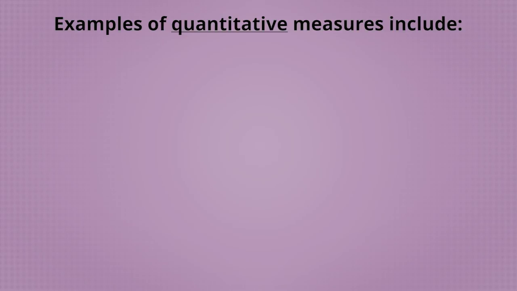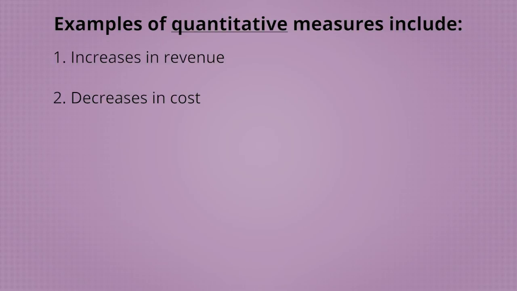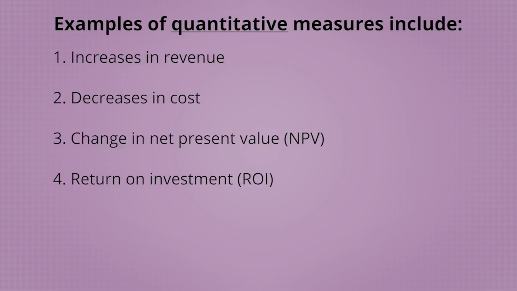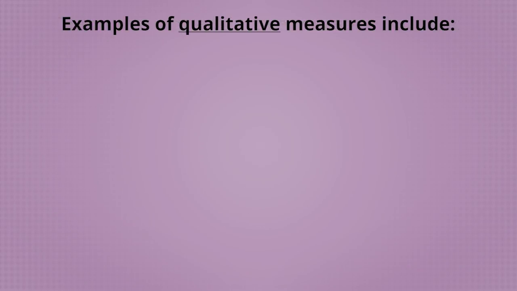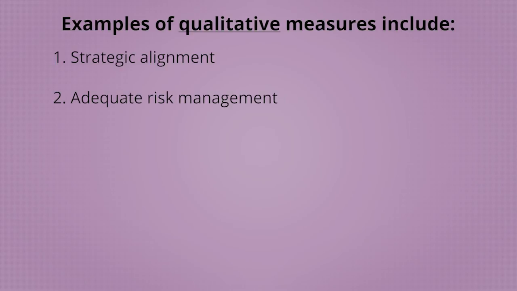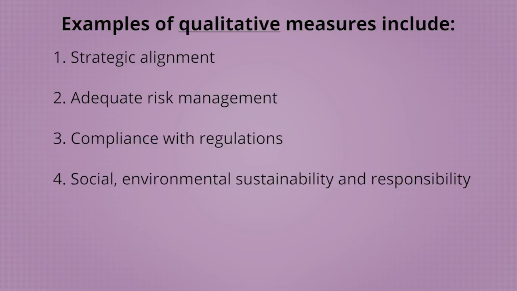Examples of the quantitative measures include 1, increases in revenue, 2, decreases in cost, 3, change in net present value, 4, return on investment, 5, internal rate of return, 6, percentage by which product cycles are reduced. Examples of the intangible qualitative measures include 1, strategic alignment, 2, adequate risk management, 3, compliance with regulations, 4, social and environmental sustainability and responsibility.